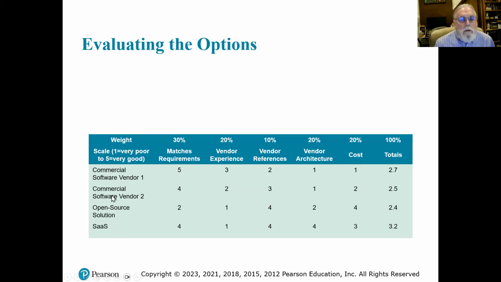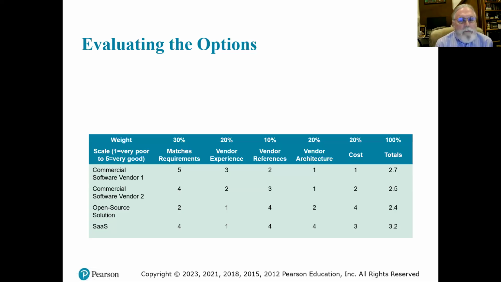Now you take each of the four options we have here, and we're going to grade each of those options for each of these five parameters up here: characteristics, attributes, on a scale from 1 to 5. I recommend not going more than 1 to 5.